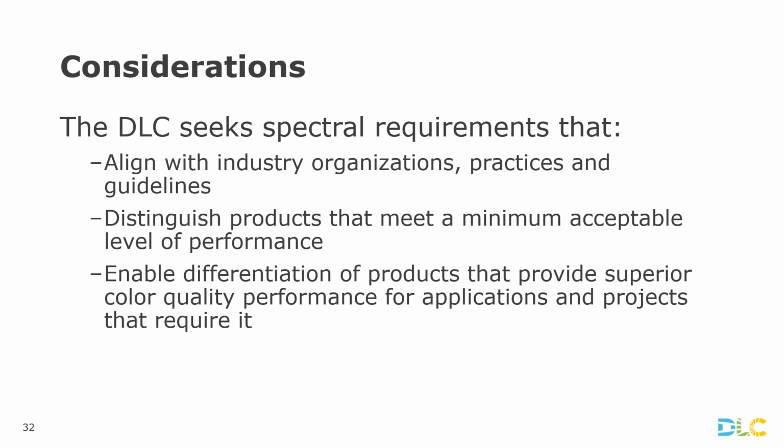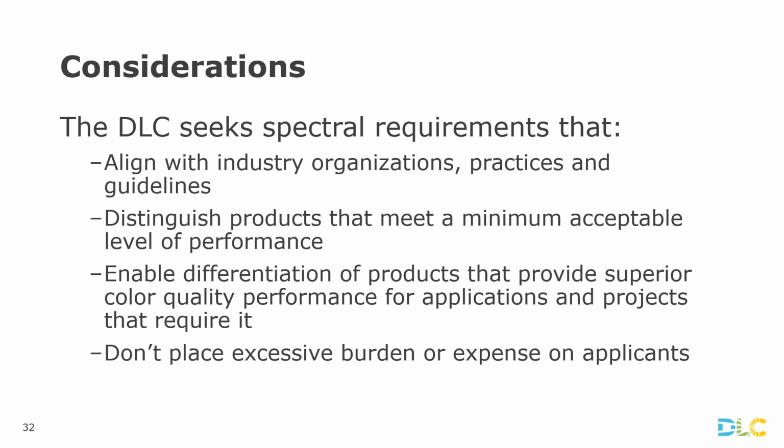But also enable differentiation of products that provide superior color quality performance for applications and projects that require it, and that would be tier 1. All this while also avoiding excessive burden or expense on the applicants.